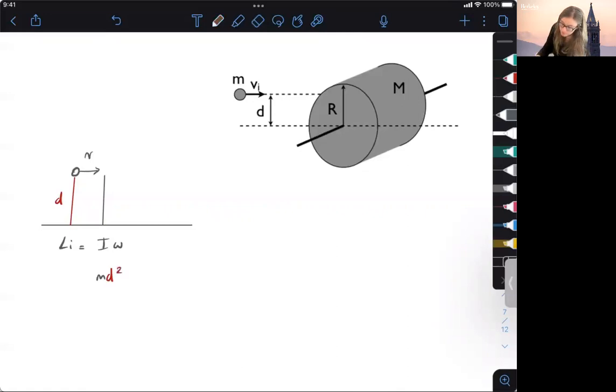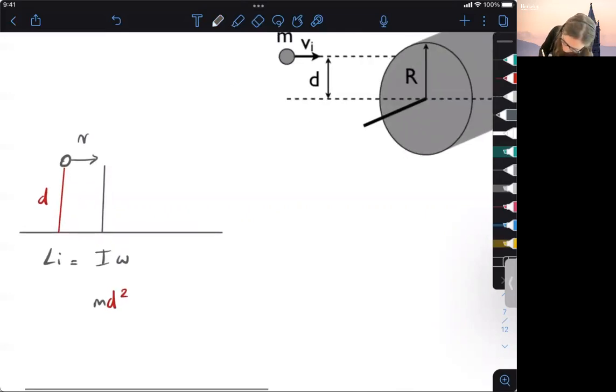But then also, this v is essentially a perpendicular velocity. We know that ω is equal to this tangential velocity, v tangent, over the radius that it's acting away from, right?